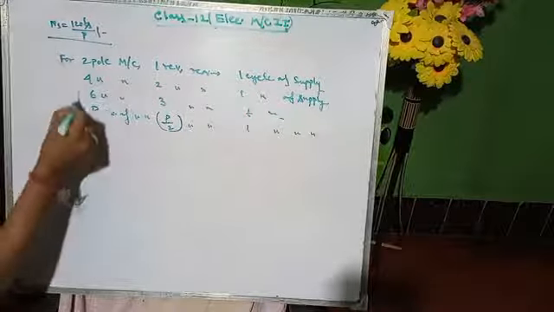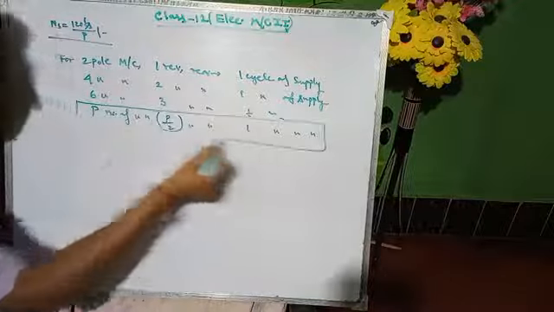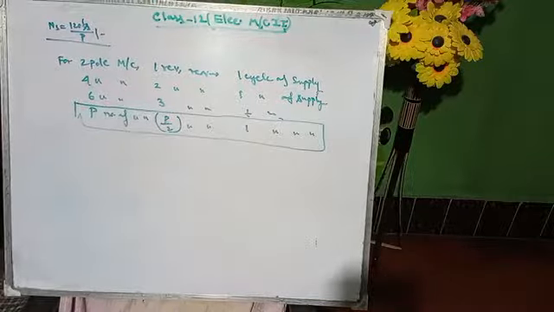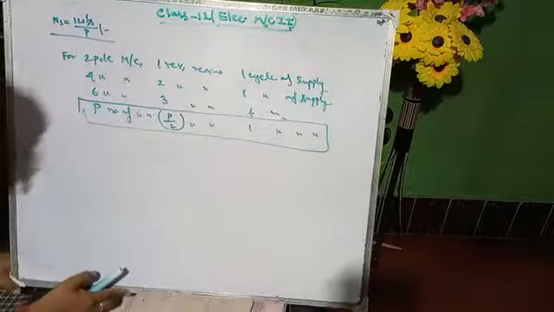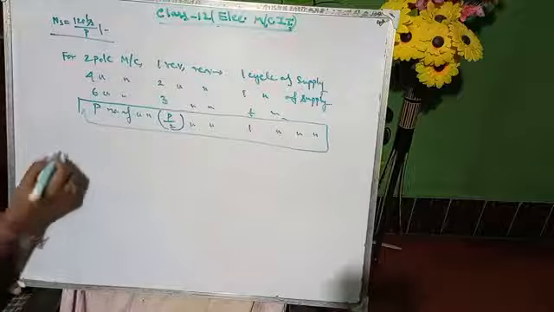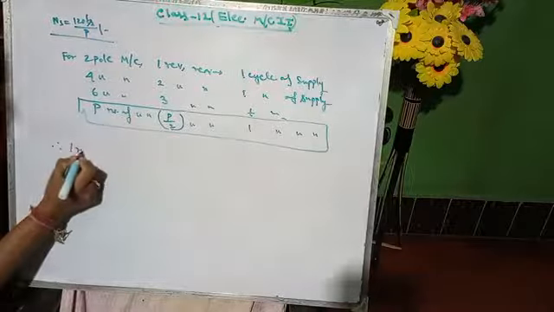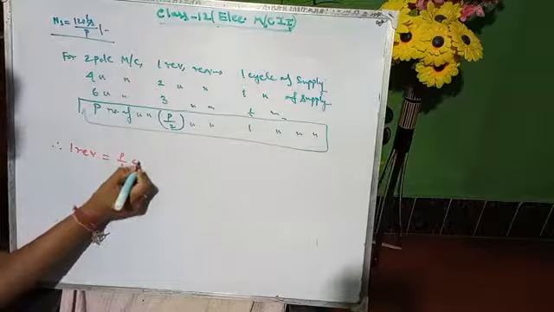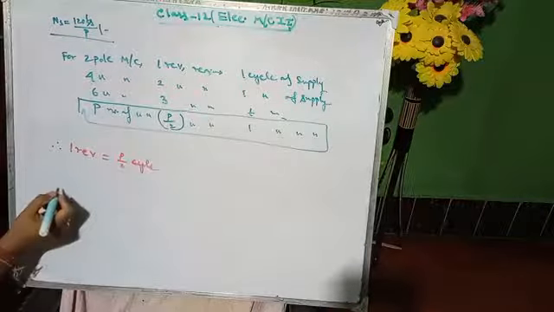So this concept you have to first understand. If the number of poles is P, then the number of revolutions required to complete a full cycle is P by 2. Therefore we can write 1 revolution equals P by 2 cycles, for a P-pole machine.